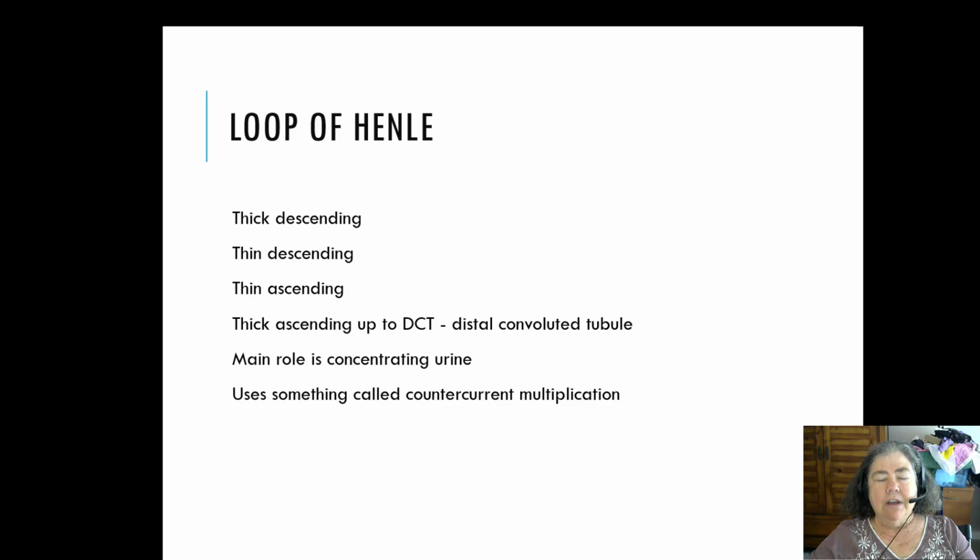But I'm mainly going to talk about what happens on the descent and what happens on the ascent, because the loop of Henle has an extremely important role in absorbing water and concentrating urine. And it does that by a mechanism called countercurrent multiplication.